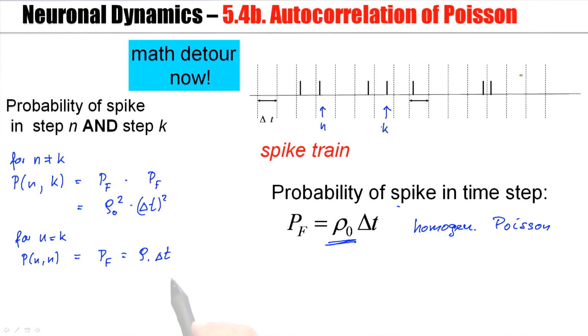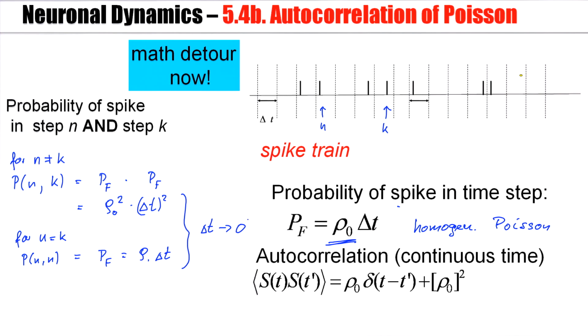Now let's take the limit delta t to 0. And if we do that, we get the autocorrelation function of the homogeneous Poisson process. So, if the two times t and t prime are not the same, then I just get rho zero squared.